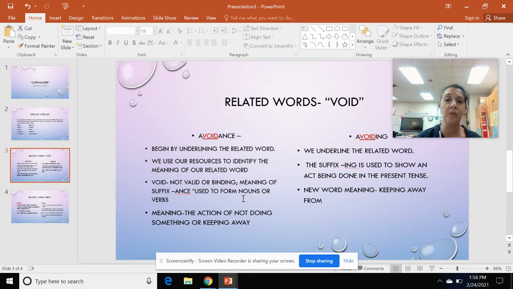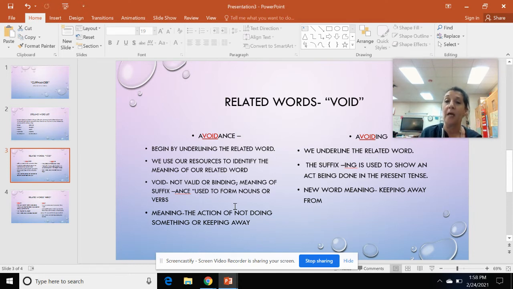So our resources tell us that the meaning of void is not valid or binding. And the meaning of our suffix that we see over here in the word avoidance, A-N-C-E, ance, is that it's used to form a noun or a verb.